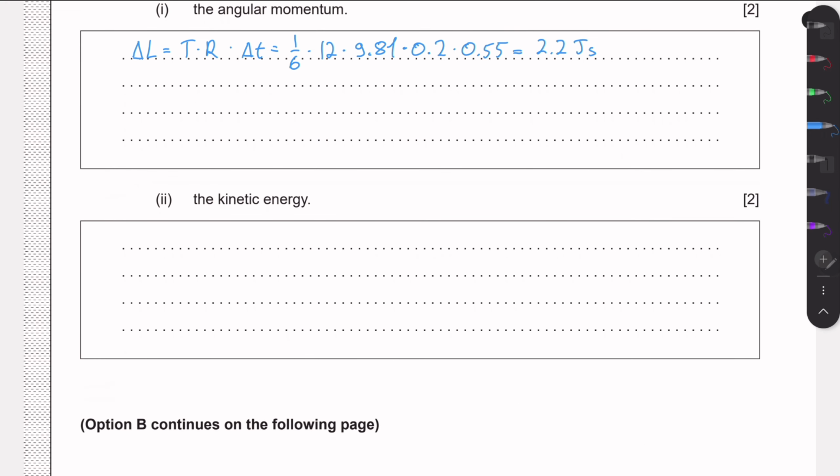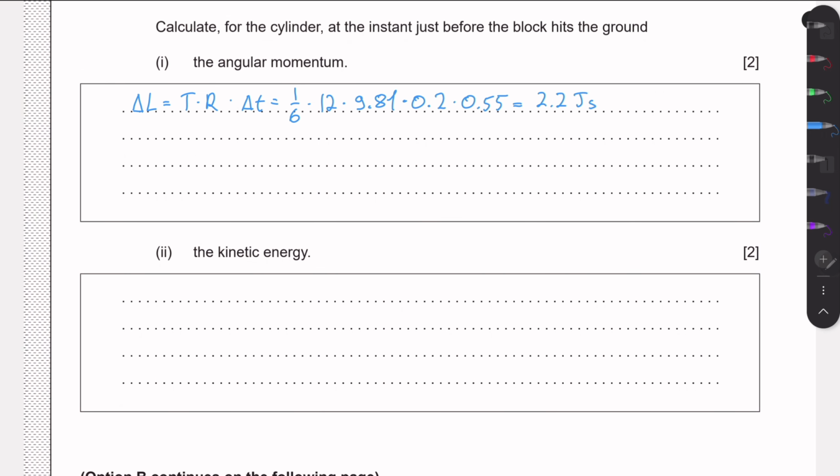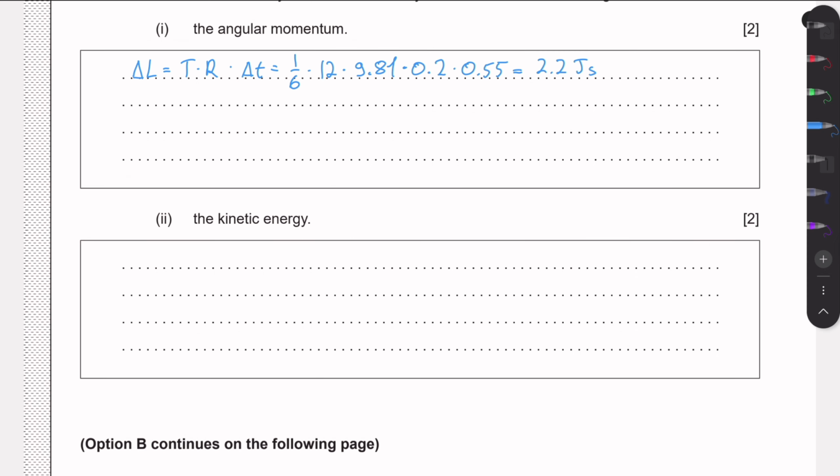And then the last part of this question, we need to calculate the kinetic energy of it. So for kinetic energy, we have the formula that E kinetic is equal to 1/2 moment of inertia times angular speed squared. So if we could find the angular speed, then we could just plug into this formula and find the kinetic energy.